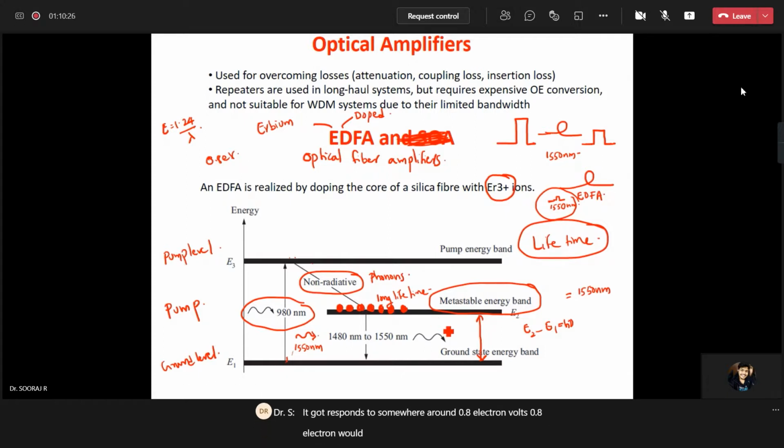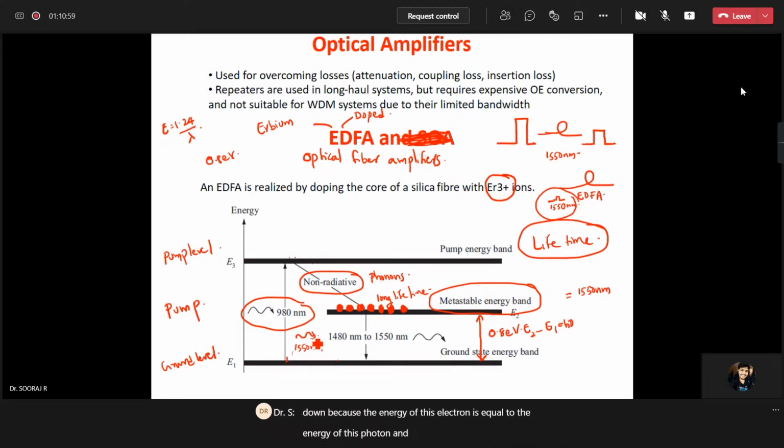So the energy separation between E2 and E1 is 0.8 electron volt, and the incoming weak photon also has an energy which is almost equal to 0.8 electron volt. Now when this photon comes, it will trigger this electron to come down, because the energy of this electron transition is equal to the energy of this photon.